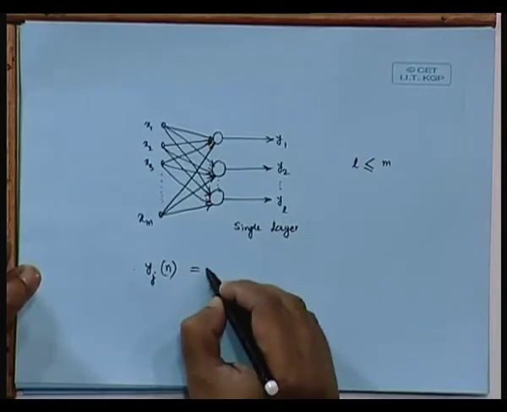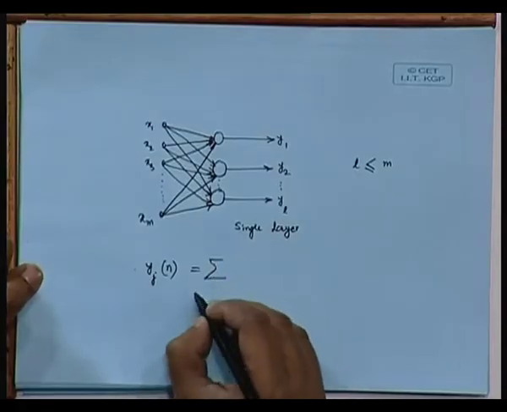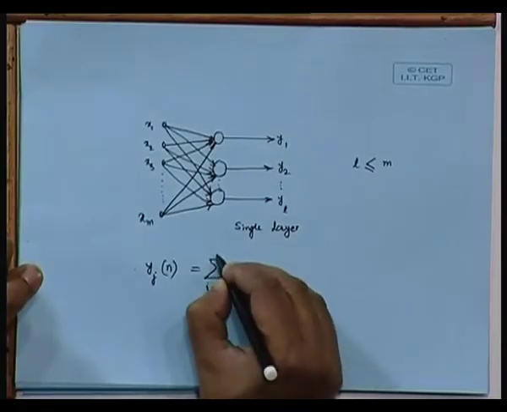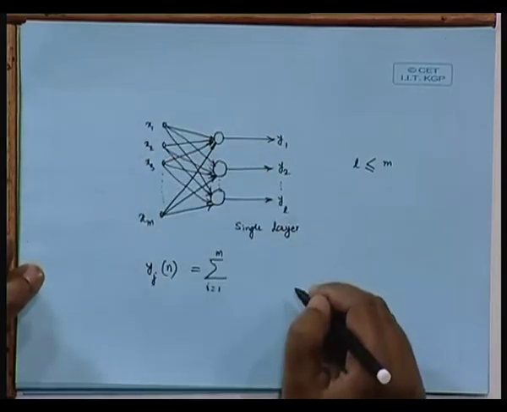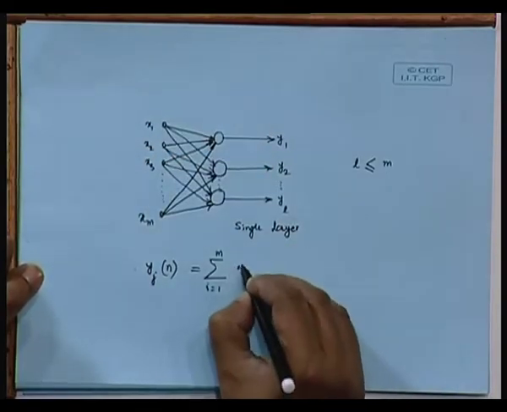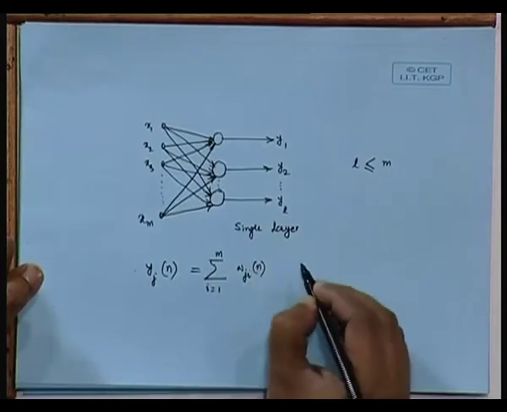So, this yj(n) would in the expanded form be written as the summation of i equal to 1 to m, which corresponds to all the inputs, of wji at the nth iteration.